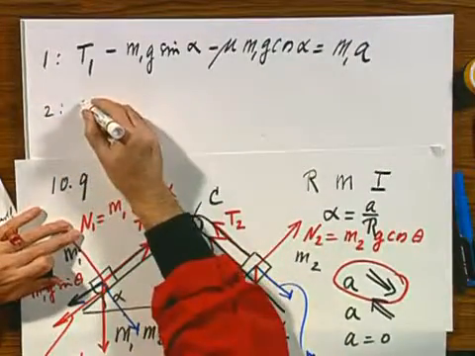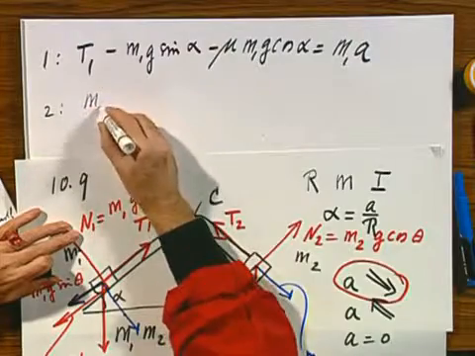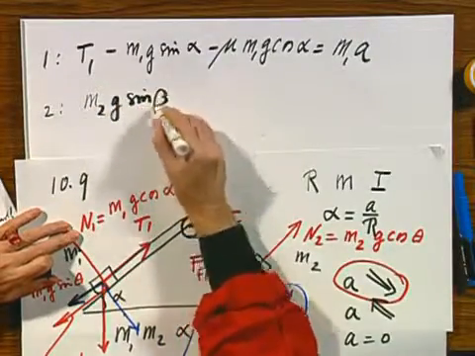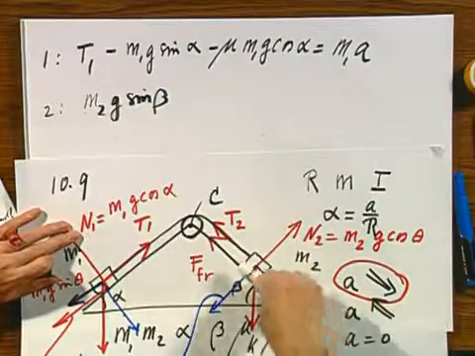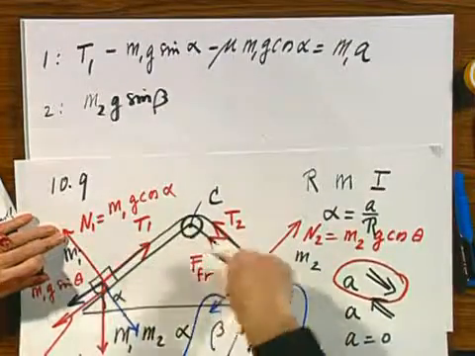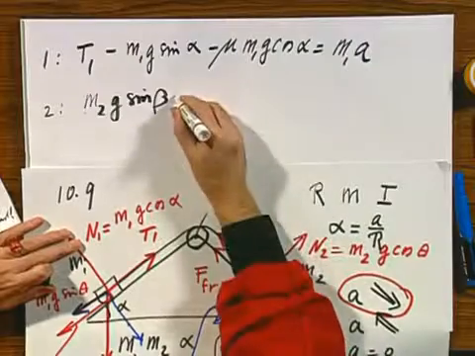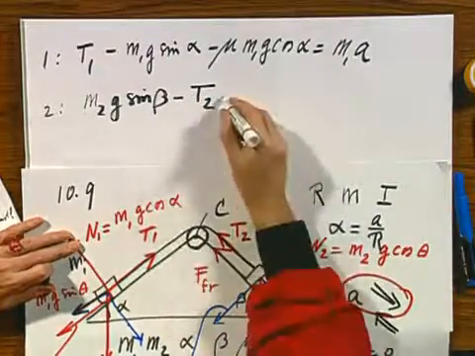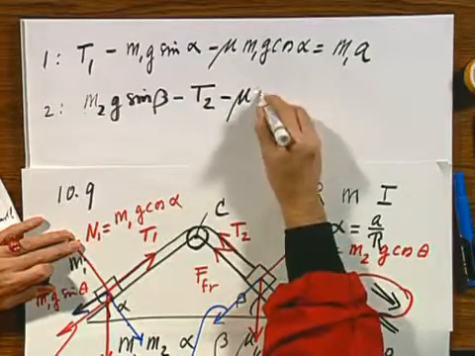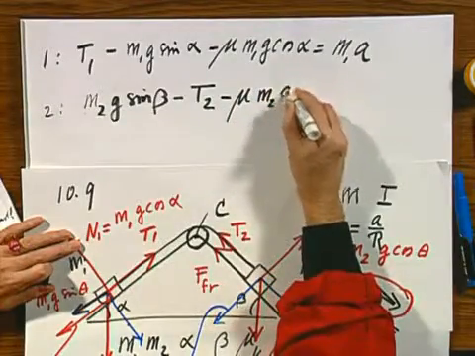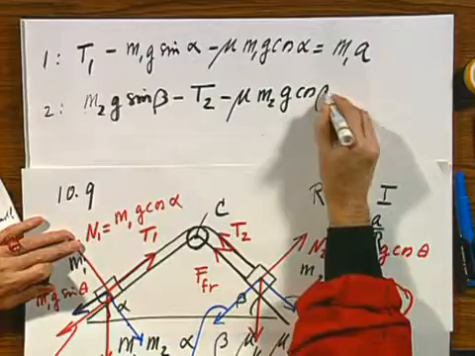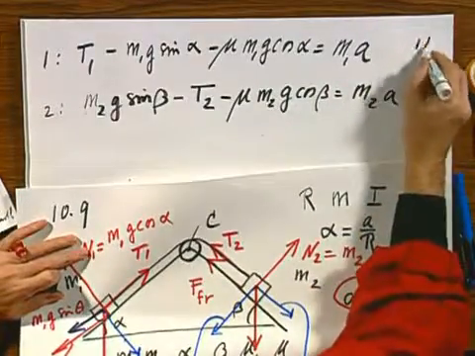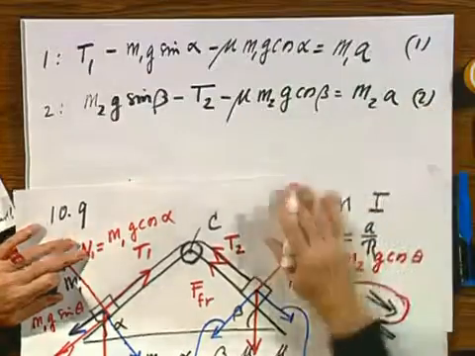For object number 2, you can check this now, m2g sine beta. This is now obviously the positive direction. If this is the positive direction, this is also the positive direction. All the other forces are negative. T2 is up, so that's negative. Minus mu times m2g cosine beta equals m2 times a. So this is my equation number 1. This is my equation number 2.